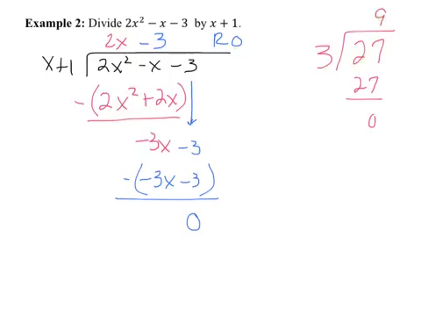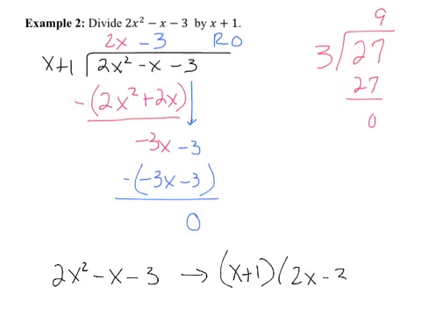So 3 times 9 is 27, so this times this is really this. So 3 and 9 are factors of 27, so these are the factors of this quantity. So again, this tells me that 2x squared minus x minus 3 factors evenly into x plus 1 in the quantity 2x minus 3.